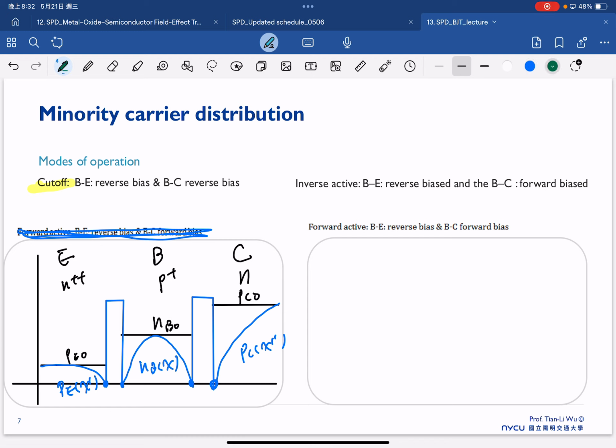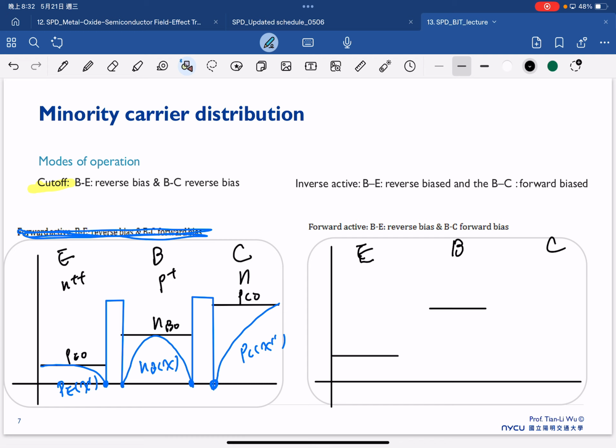And also regarding the inverse active, this is for the inverse active. So now we still have the E, B, C, and then we have the PE0, NB0.